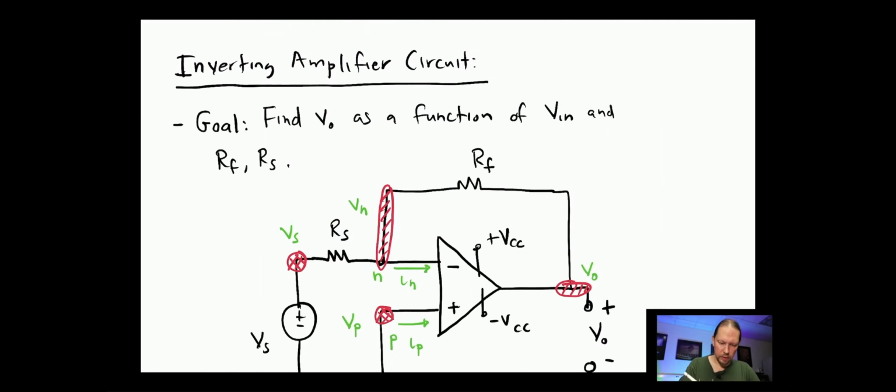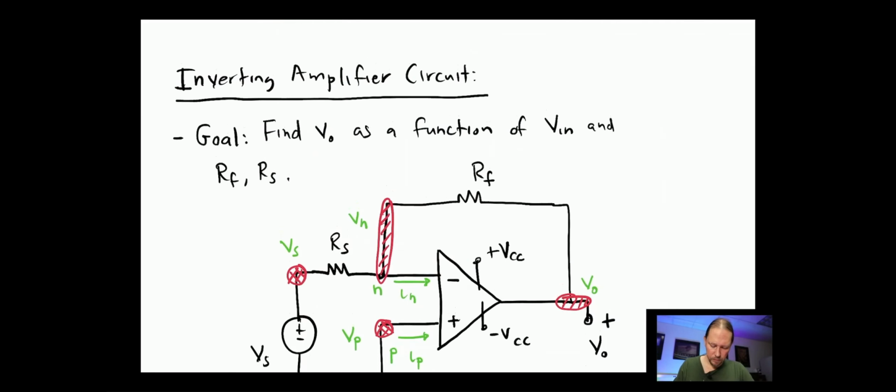Now, there are a total of 3 separate currents flowing out of this node. We have a current going from node n over to this node. We have another current going from node n all the way out to the output, and then we have a current flowing from there out into the operational amplifier.